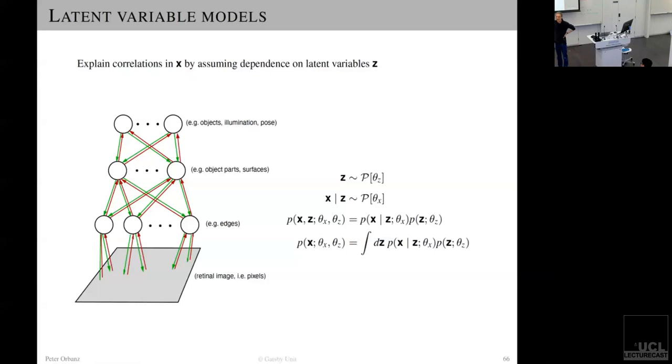But the magic that makes it work is that you group these variables into separate layers, and then you only have forward dependencies. And that's why you can backprop your way through them, right? And here you have something like a probabilistic version of that structure, where you only have stochastic dependencies from one layer to the next. And again, that is what makes the computation work. And in both cases, once you get loops in these dependencies, things become much more complicated.